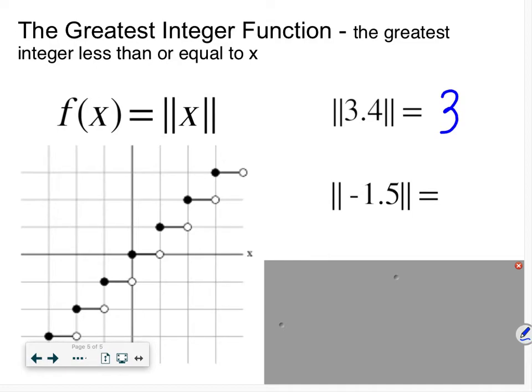Aaliyah, negative 1.5 inside the greatest integer function would output what? Why negative 2? We have to go to the integer less than that number, and negative 2 is less than negative 1.5. So you have to be very careful if it's a negative number.